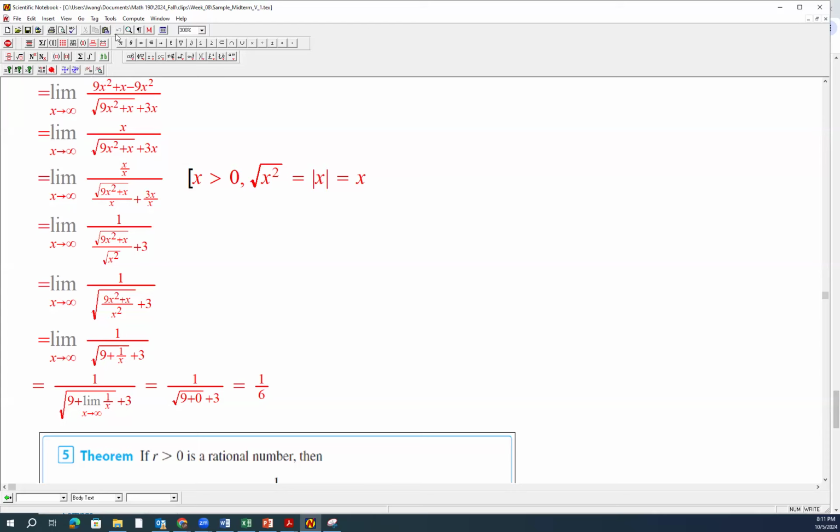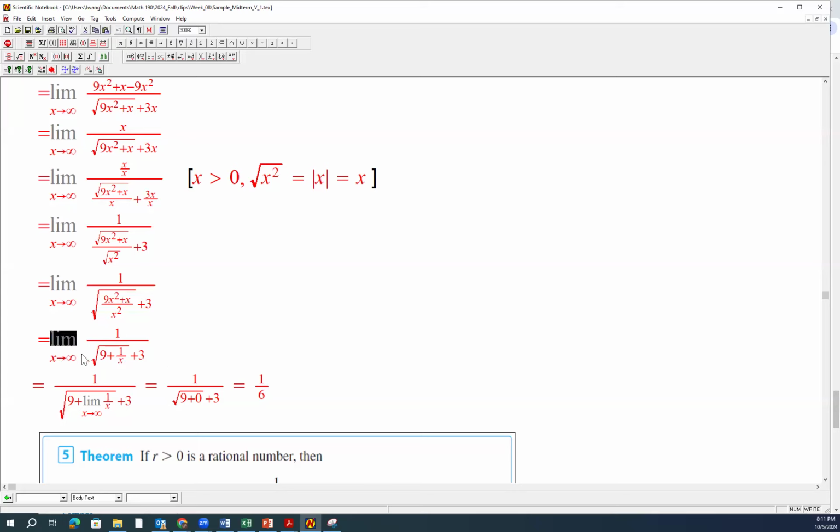That's why we substitute x by square root of x squared. Then x squared goes inside. We can take x squared, divide into each. We got this piece. And now we can apply limit law.